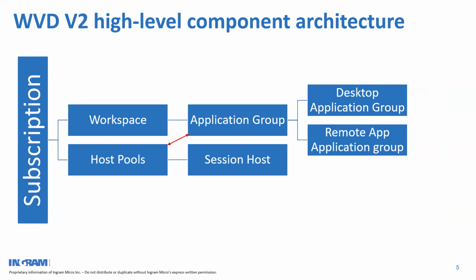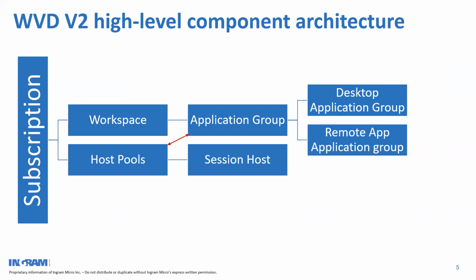So earlier, if you remember, within a single host pool, you could not have both desktop and application publishing. But now within a single workspace, you can have desktop and application publishing made available. So there's a slight change in the terminology.